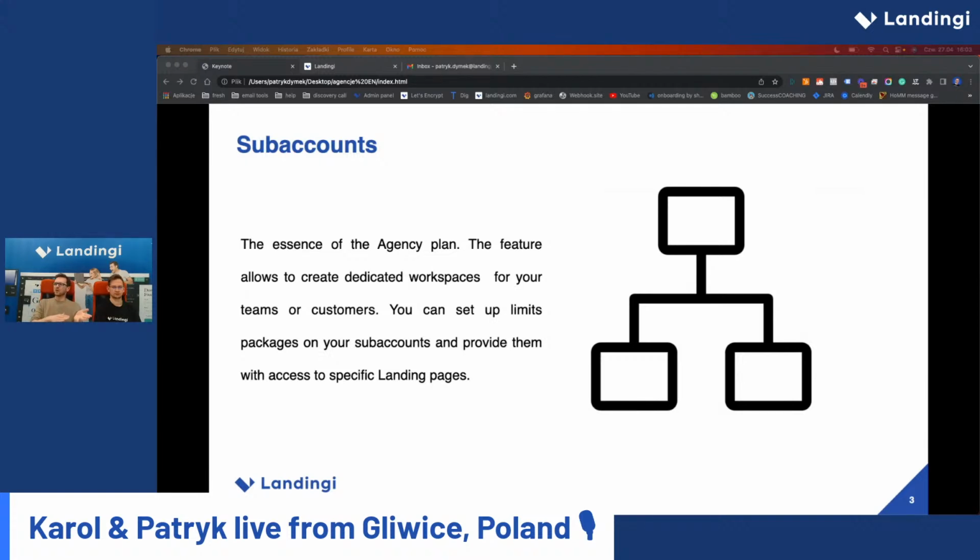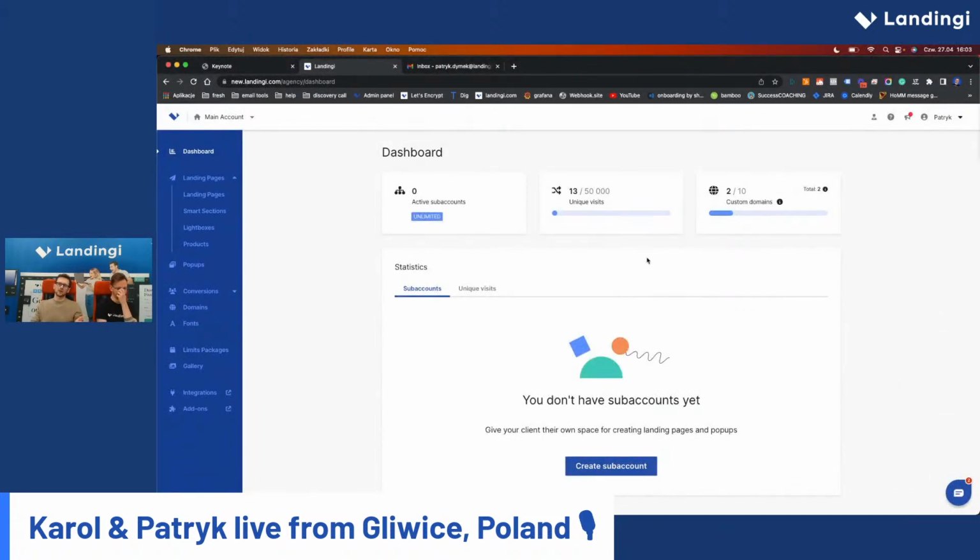On these subaccounts, you can set up limit packages to make sure everything is in check when it comes to your traffic or domain limits in an overall global account view, and provide these subaccounts with access to specific landing pages. We are going straight to our platform to show you how to create the subaccounts, how to give them limit packages, and how to assign specific landing pages to them.